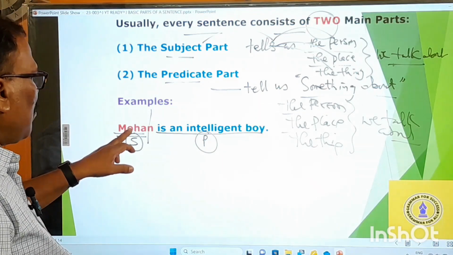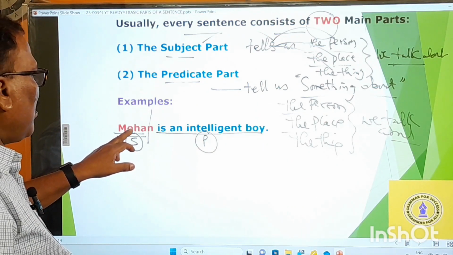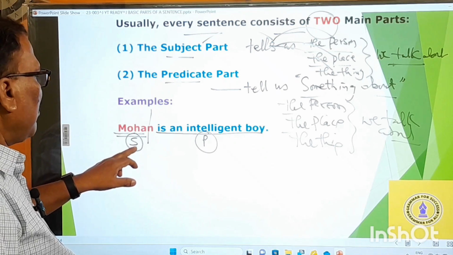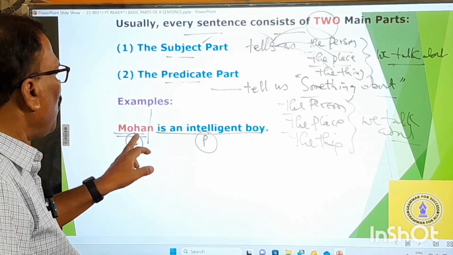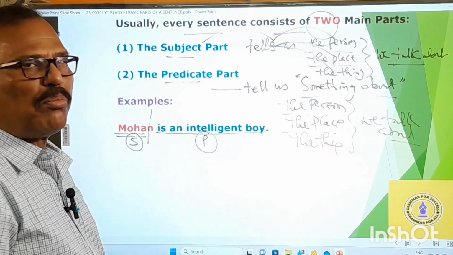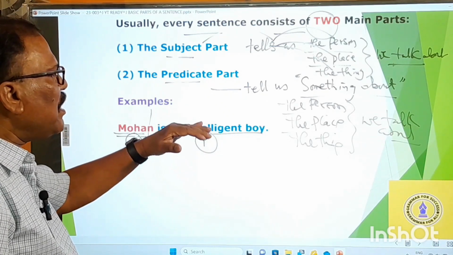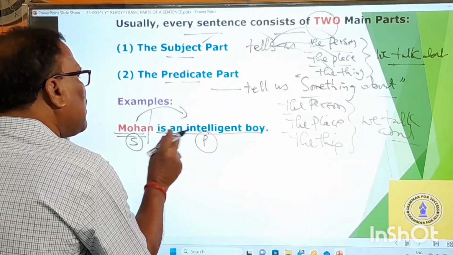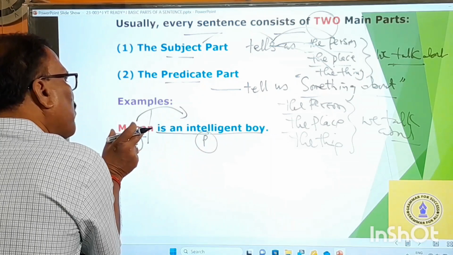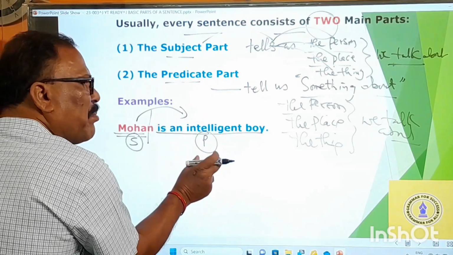We are talking about Mohan, this Mohan is the subject part. And what is said about this Mohan? Is an intelligent boy is said about this Mohan. So therefore, whatever is said about the subject part is called the predicate part.